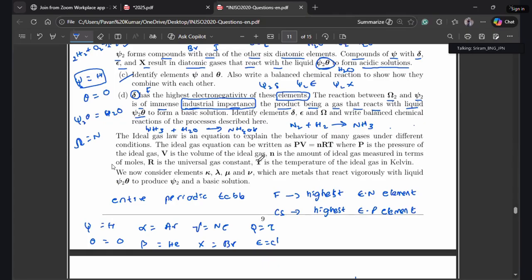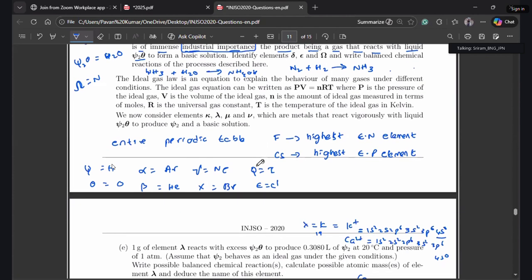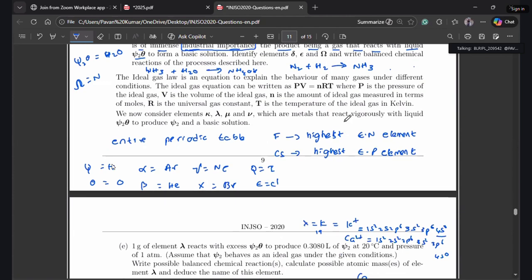Sir, we now consider elements kappa, lambda, mu, and nu, which are metals that react vigorously with liquid H2O to produce H2 and a basic solution.